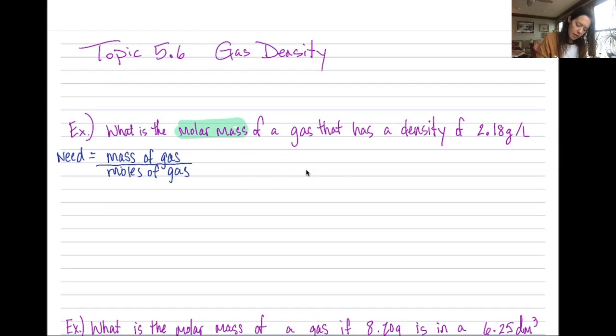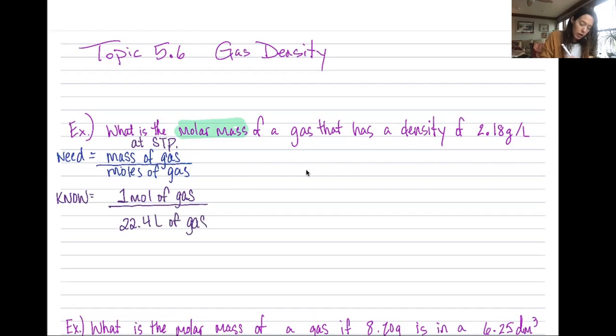Okay, well, let's look over here. What I am given, we need to fix this problem and we need to clarify that we are at STP. Your problems on CK-12 are all considered to be at STP as well. And what that means is that 1 mole of the gas is equivalent to 22.4 liters of gas.